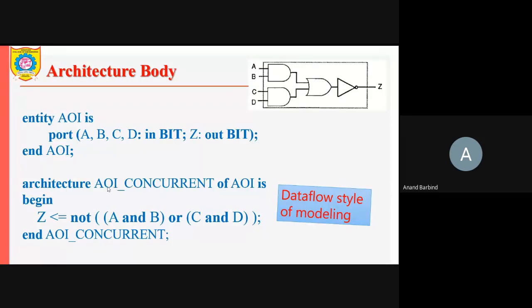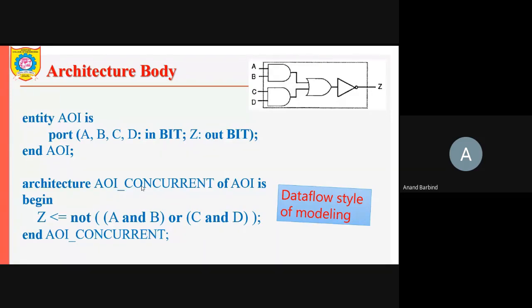Architecture, you need to give a name to this particular architecture. So the name given is AOI underscore concurrent. Because it is going to declare the data flow style of modeling, we have given the name AOI concurrent. You can give any other name, for example AOI underscore data flow.